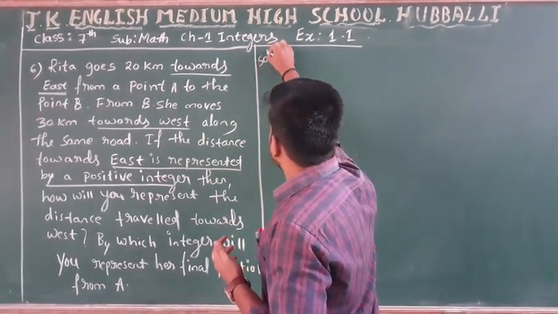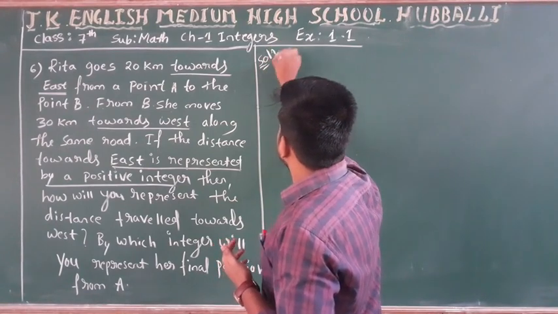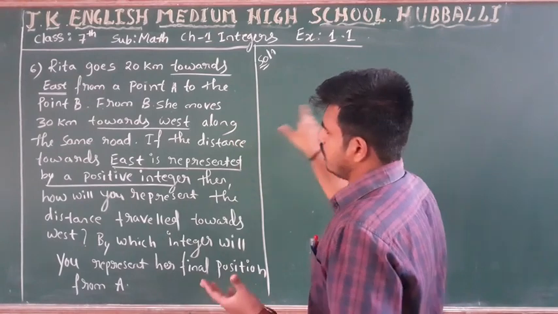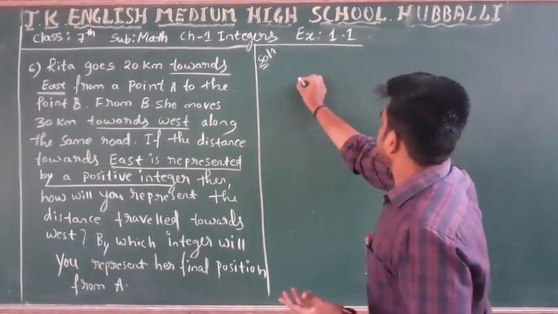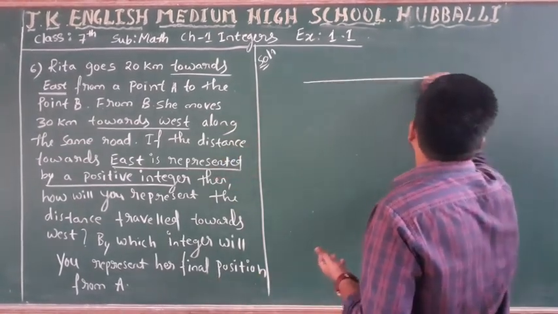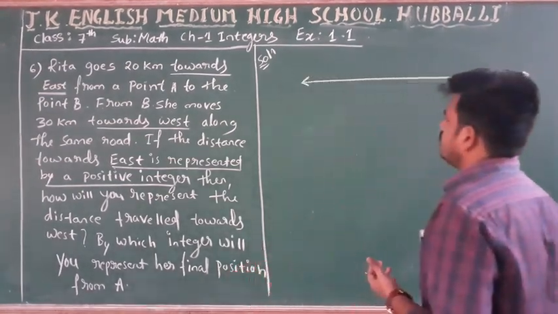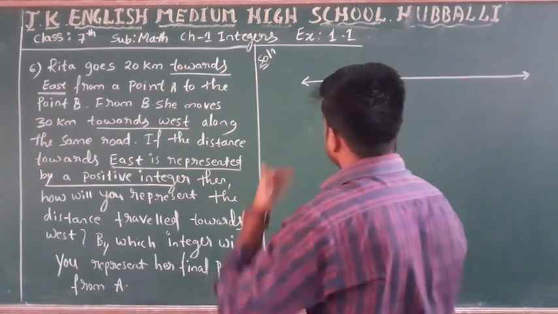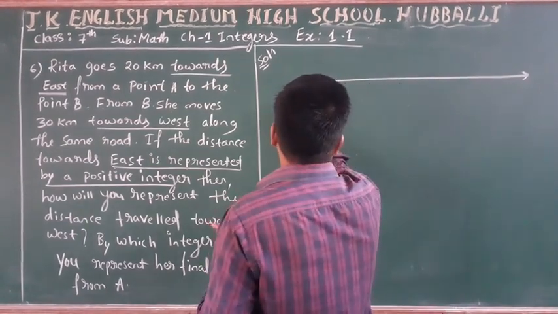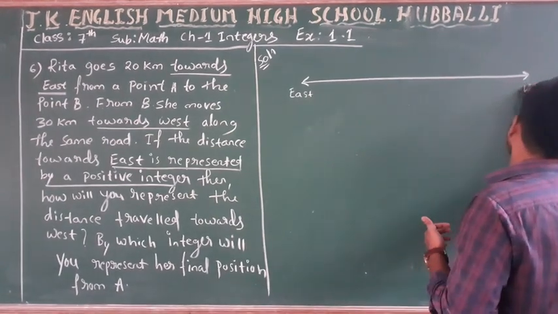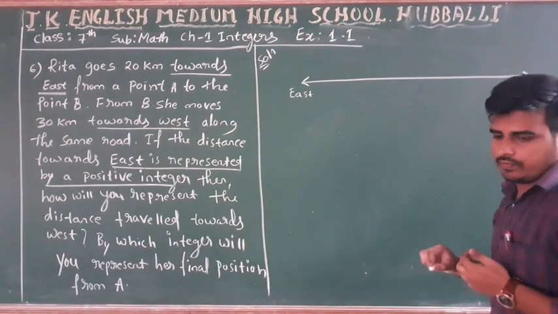Before writing our first answer, let's draw a picturized form of this question. Even this line is given in the textbook. Let us say this as east, this as west.